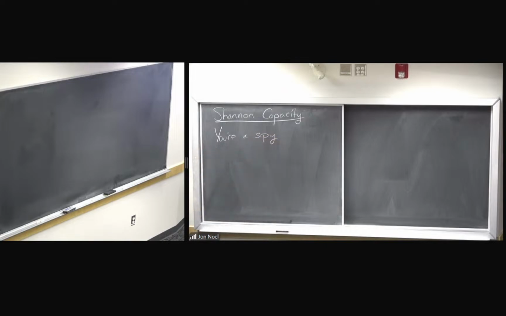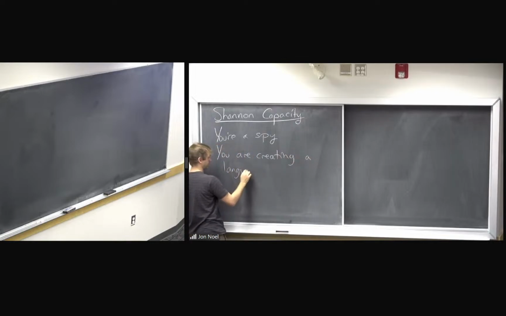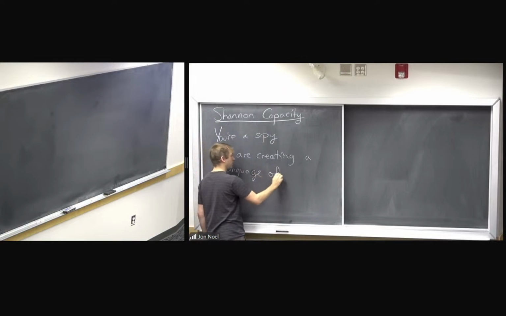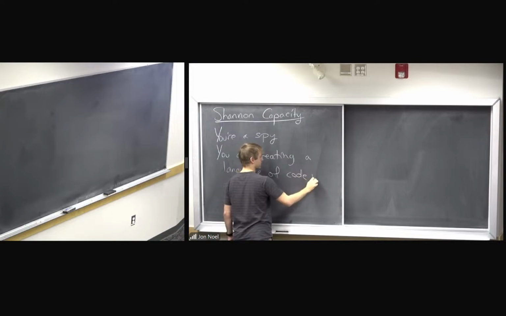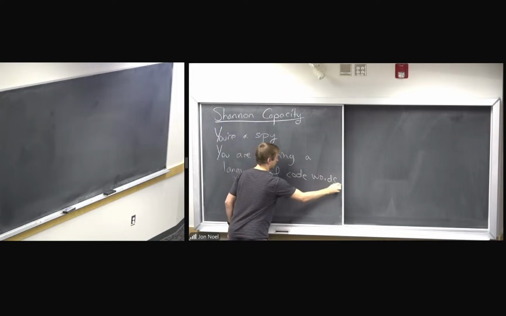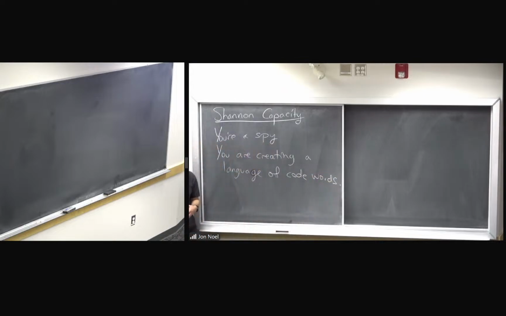And you want to create a sort of code language for communicating information. So you are creating a language of code words that you're going to use to communicate with your fellow spies.